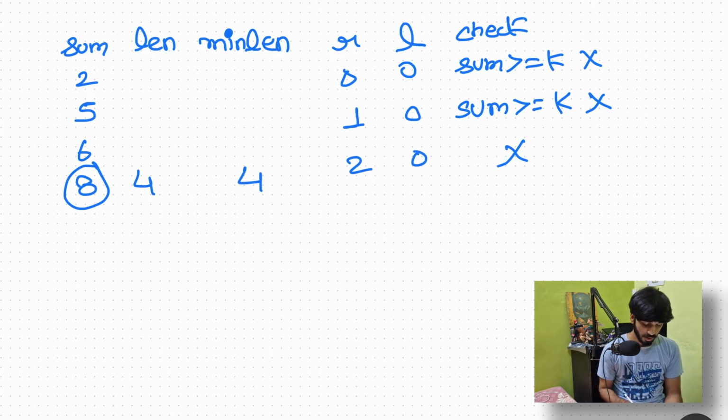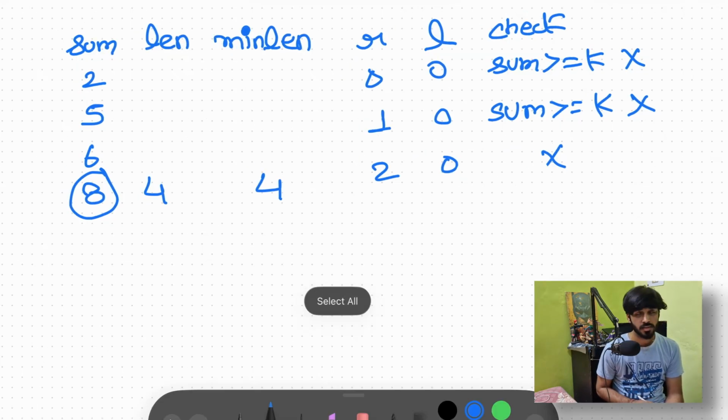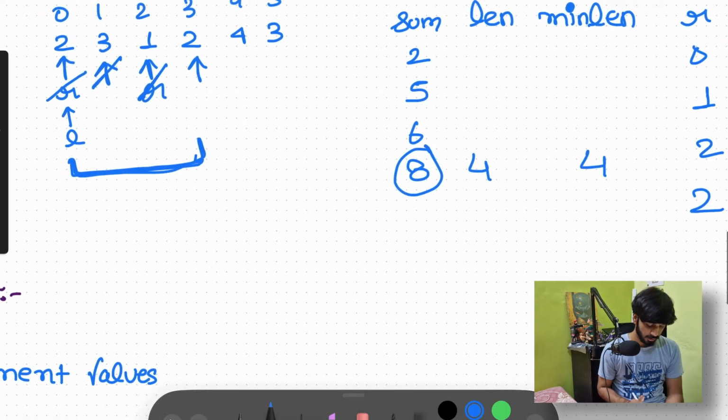Now we have found that sum is greater than or equal to k. Now we need to move L because anyhow we need the minimum length, so we need to decrease. So now we will be moving L to the first position. R will stay here as we have satisfied the condition.